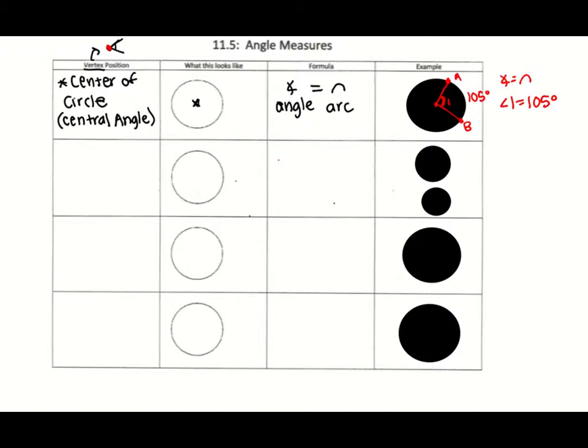Our next case is when our vertex is on the circle itself. These are referred to as inscribed angles.